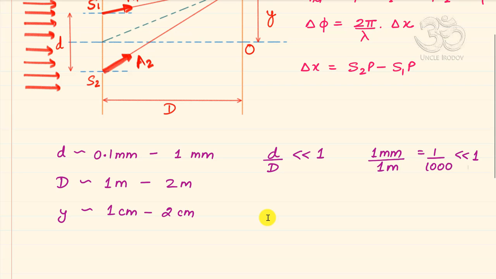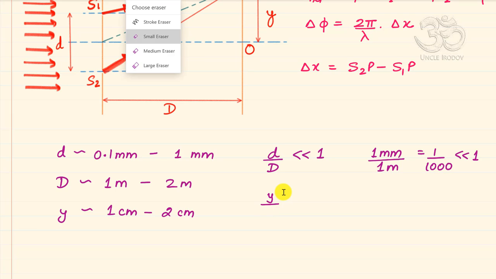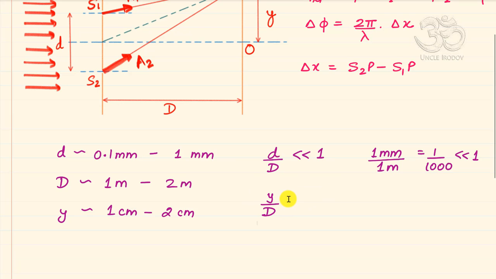The second assumption that I will make is that y divided by D, sorry, not small d, this has to be capital D, is again very small, much smaller than 1. Because again, this is like 1 to 2 centimeters and this is like 1 to 2 meters, so a factor of around 100 comes in.